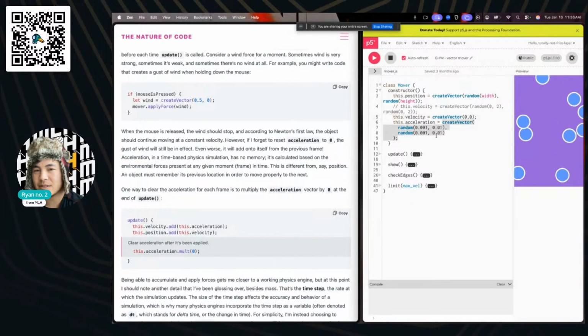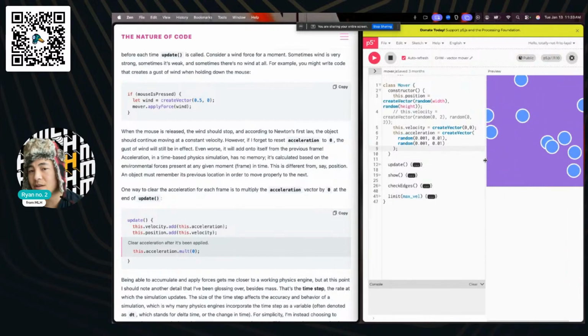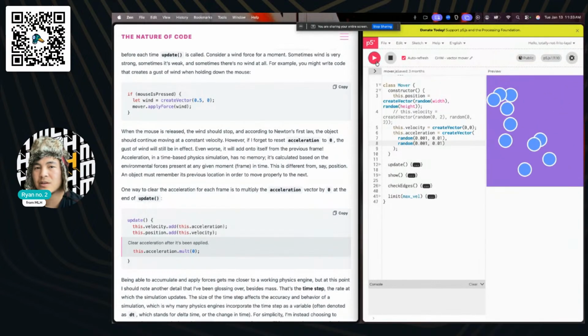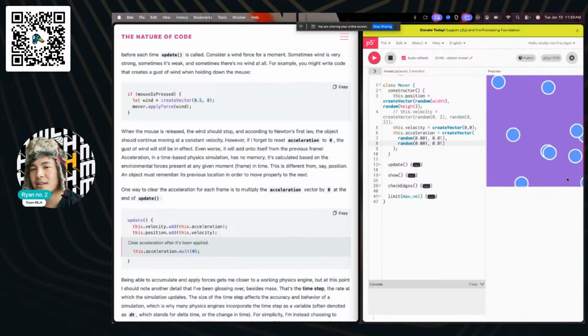If we see here, this acceleration, we've got a small x and then a small y, but they're both positive, which means when we actually multiply the force, the acceleration, it should be moving in this direction with a bias towards x, which means it's going to be moving much more to the side than it is going to be moving down. So if we reload this a couple of times, we'll see the acceleration start taking place, and it just kind of pushes them more to the right and then down.